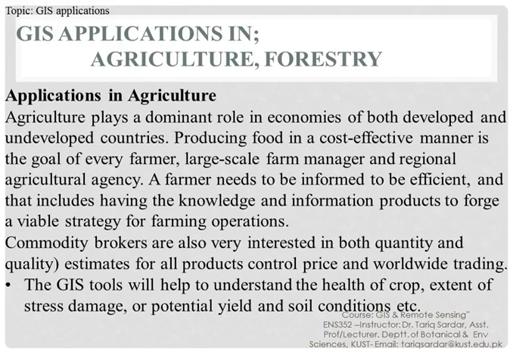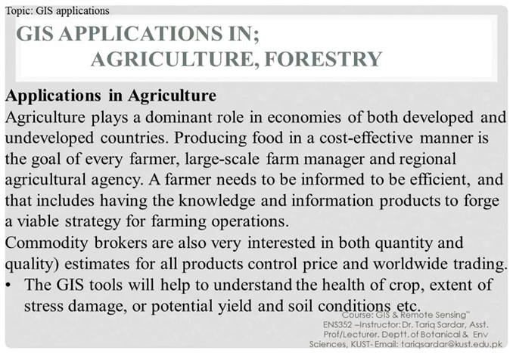So worldwide, or regionally, GIS tools can help to understand the crop health, the extent of stress, be it fungal or a weather situation, and also the potential yield and the soil condition, etc.